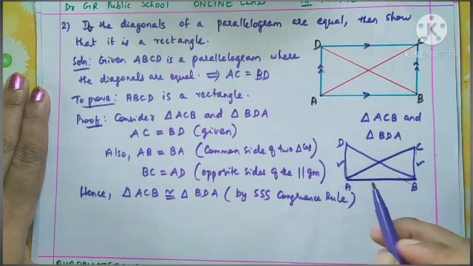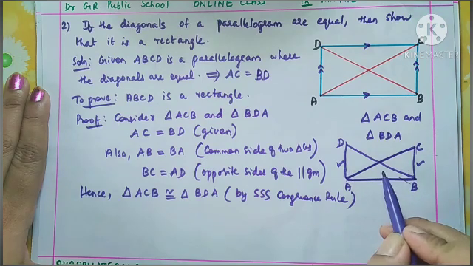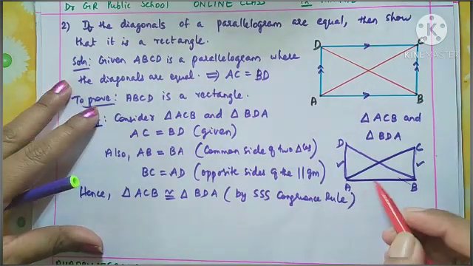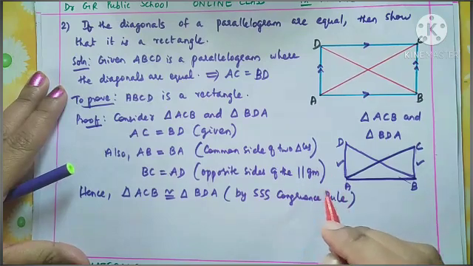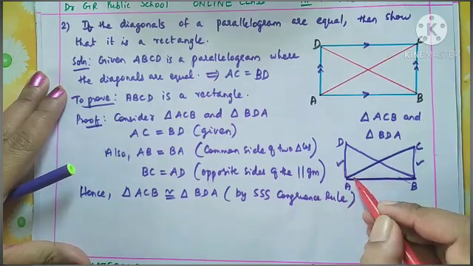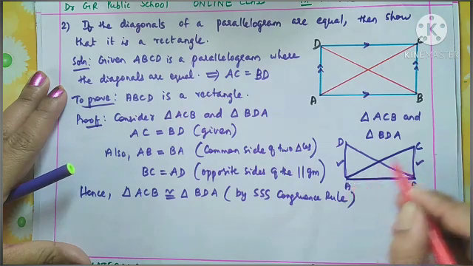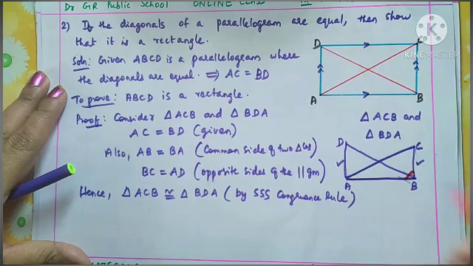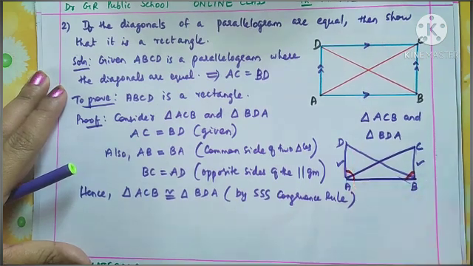So here when these two triangles are congruent, we actually want each angle 90 degree, then only we can say this is a rectangle. So what about these angles, children? In this triangle, what about this angle B? And in this triangle, what about this angle?